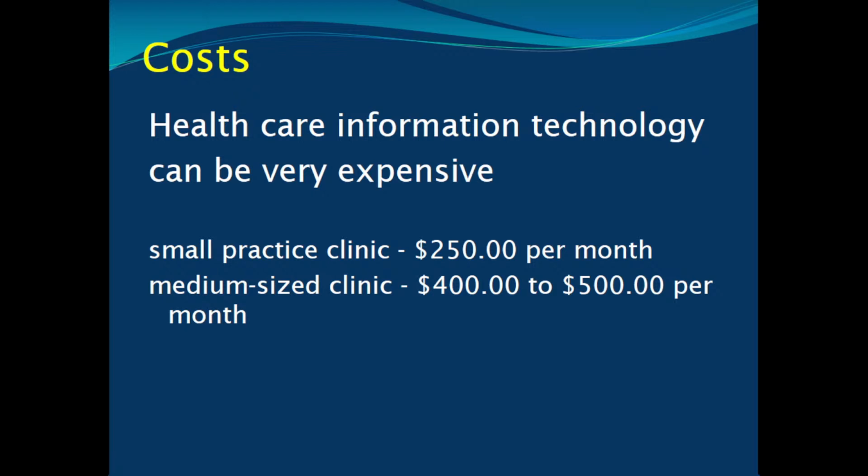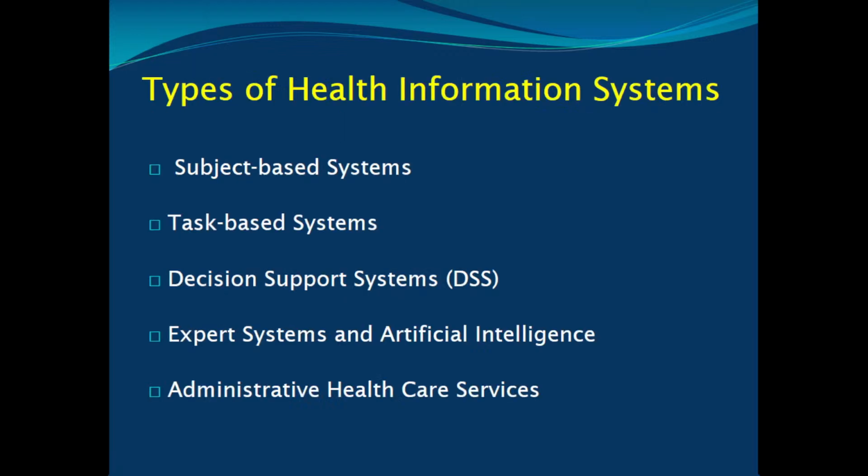And if we are talking about a medium-sized clinic, it is approximately up to half of the $500 per month. But this depends on the demands of the clinical system it solves.